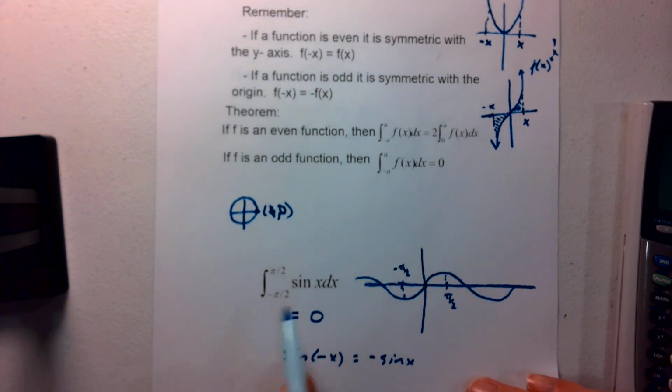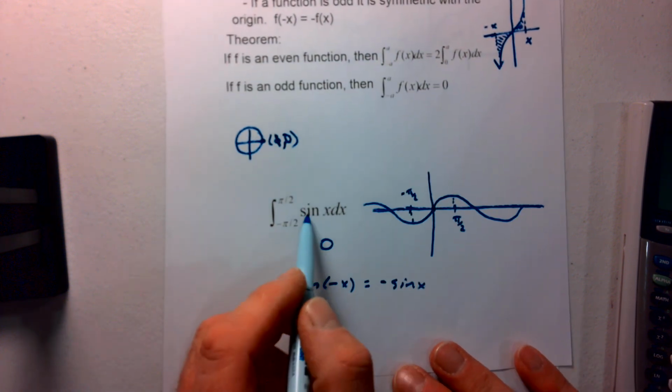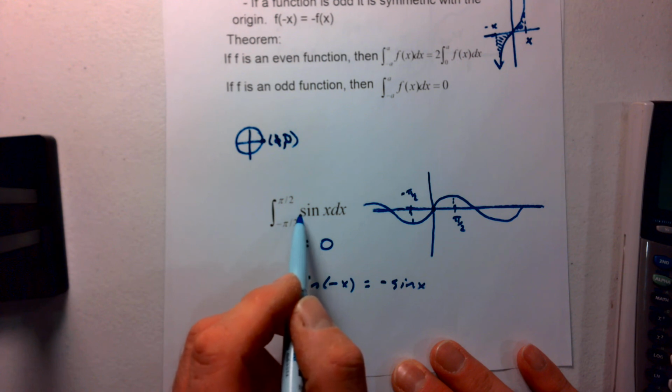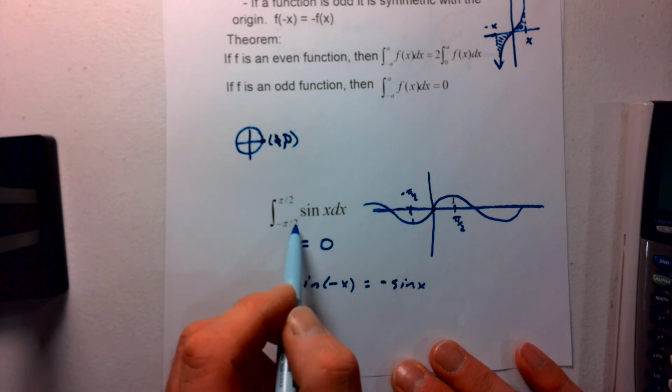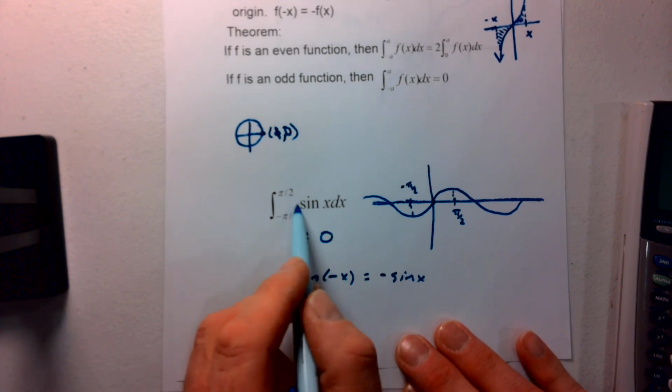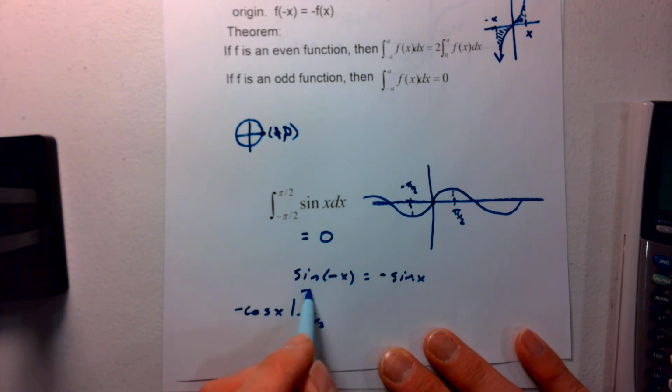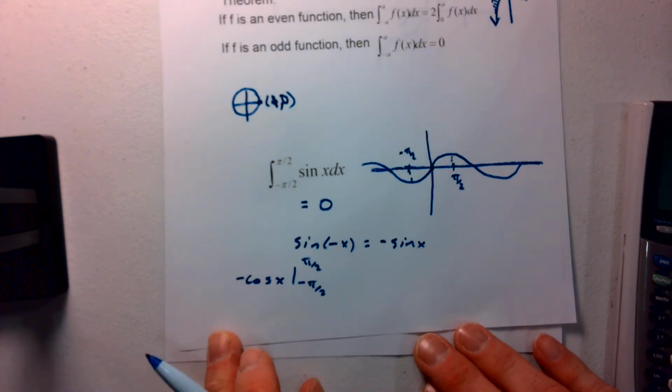If we go back to this, actually, we have a little bit of time. Do we necessarily have to know that it's an odd function? Of course not. We know the integration of sine. The integration of sine is negative cosine of x, isn't it? From negative pi over 2 to pi over 2.